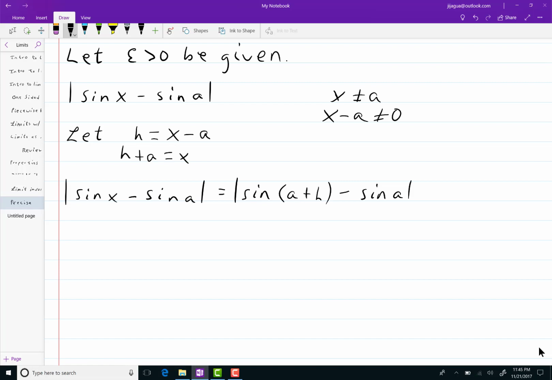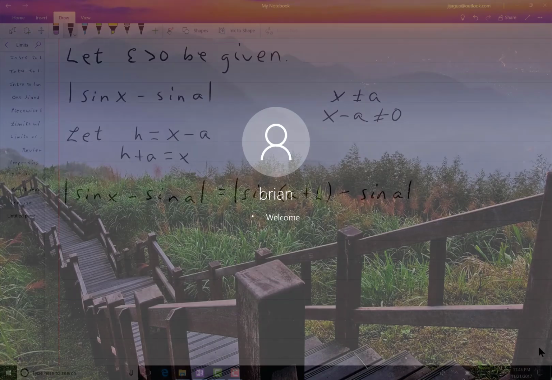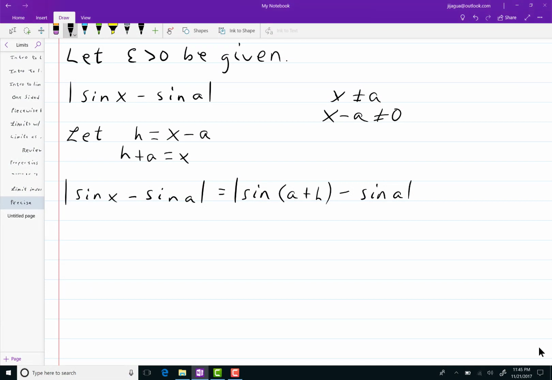But the reason why I want to work with this is because I can split this up: sine of a cosine of h plus sine of h cosine of a minus sine of a.